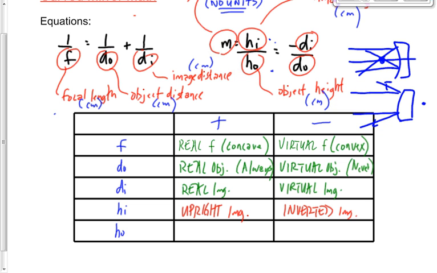HO is positive when the object is upright. And of course, it's negative when the object is inverted. And we don't see that very often. You could see an object that's upside down, but not very often.